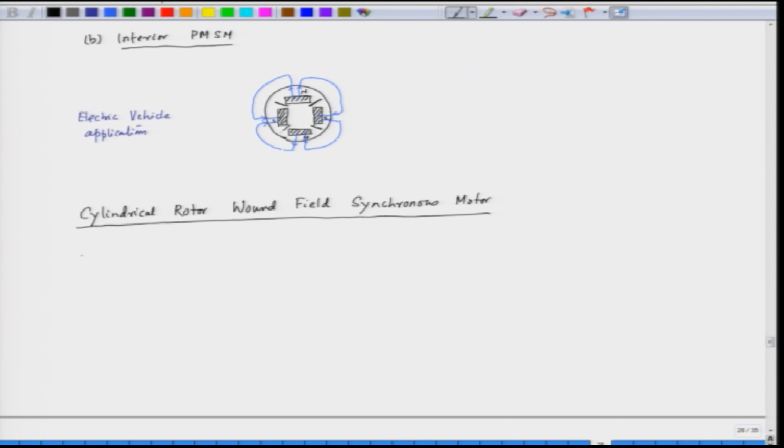Now, for simplicity, what we will do here is that we neglect stator losses. So, the equivalent circuit per phase is given as follows.